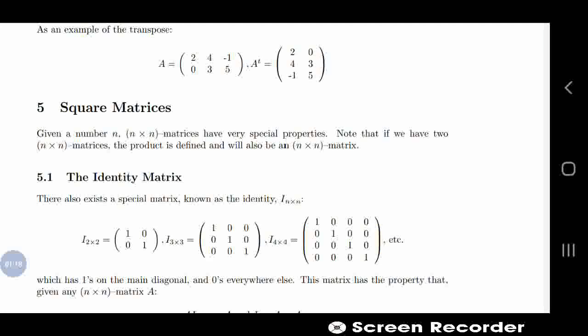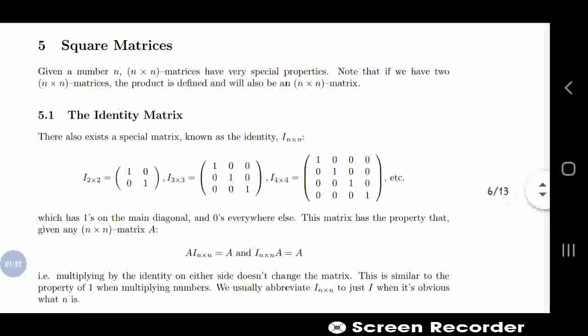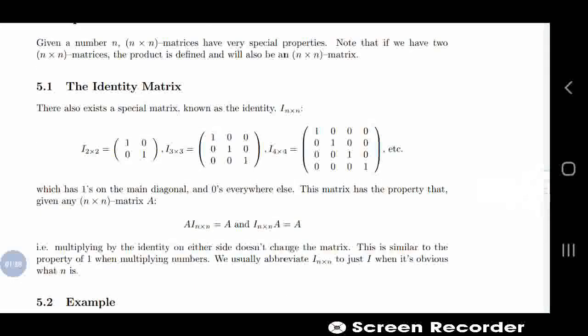Given a number n, let us take an n by n matrix. They have very specific properties. We have to note that if we have two n by n matrices, the product is defined and will be an n by n matrix only. And the identity matrix: there also exists a specific matrix that is known as the identity.